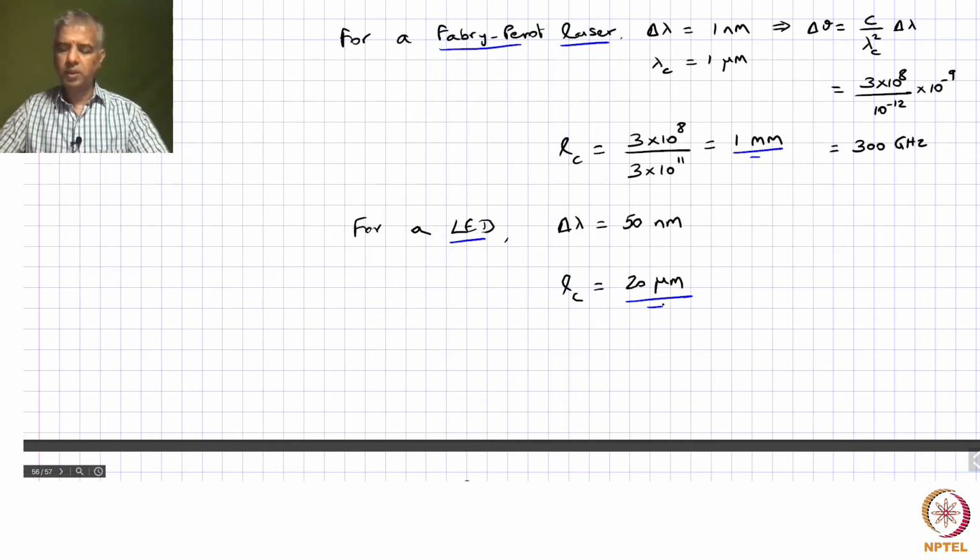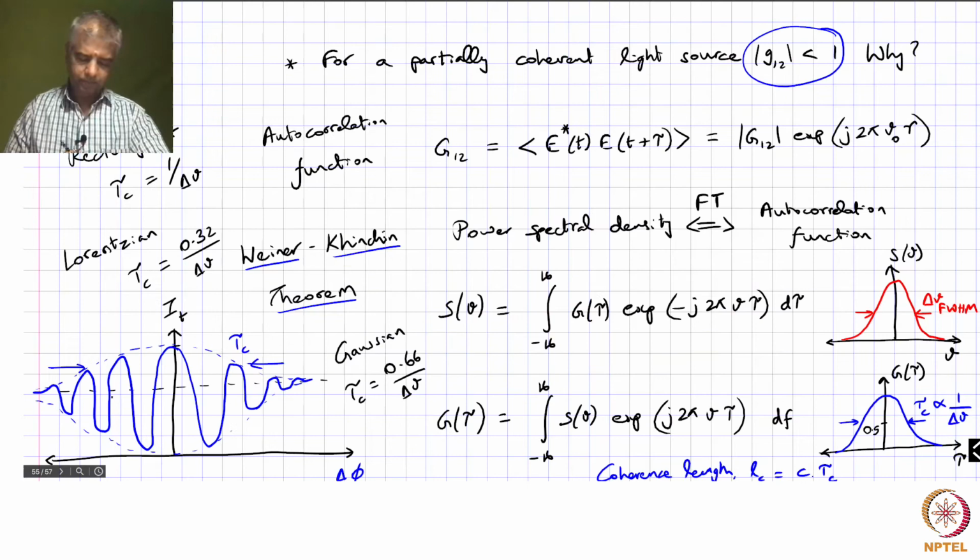So now the question becomes, it's clear that the longer the coherence length, the more the delay path length difference between the two arms where you can achieve significant interference.